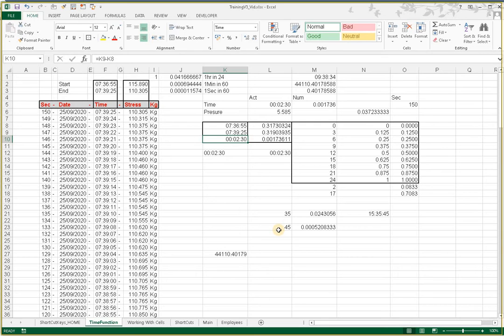You could do completely different tests. You can take a piece of material, compress it, and leave it for 24 hours and see what happens in those 24 hours. But then you won't do it every second.